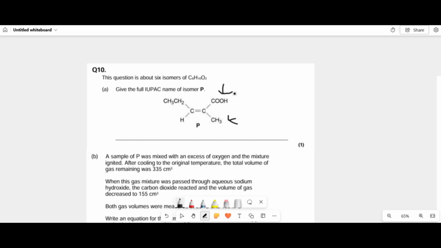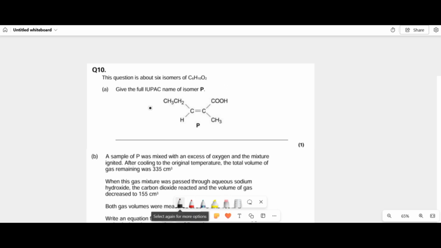Now that we've established that as a one, everything from that follows. This is going to be one, two, so that's going to be two methyl. The two is also going to have pentene, and then just oic acid. It's also going to be an EZ isomer. Is it E or Z?